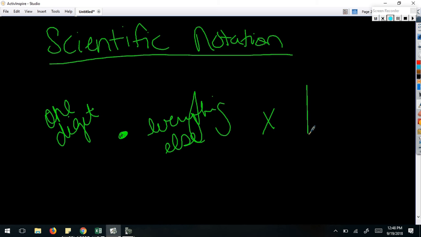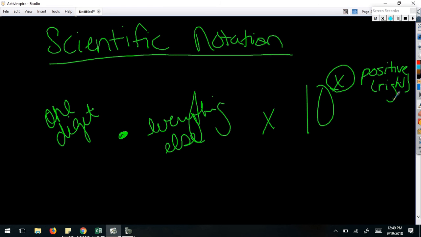You do times 10, and then you have this exponent up here. And all that exponent does is it tells you how many times to move the decimal, right? If it's positive, positive means right, because that's a really big number, and negative is left because it's a really small number. And we add zeros to hold the place, right?